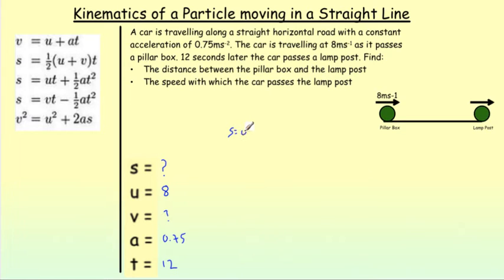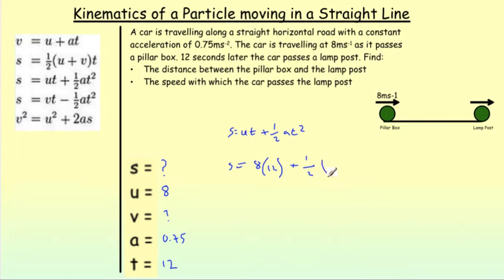So s is equal to ut plus a half at squared. So s is equal to, well, u is 8 and t is 12. So that's going to be 8 times 12 plus a half at squared.